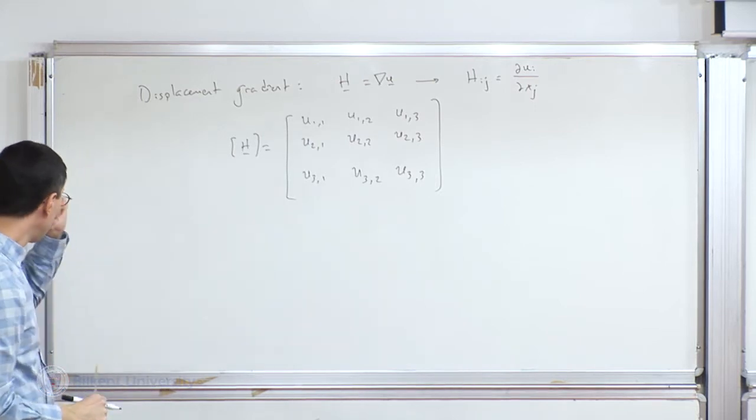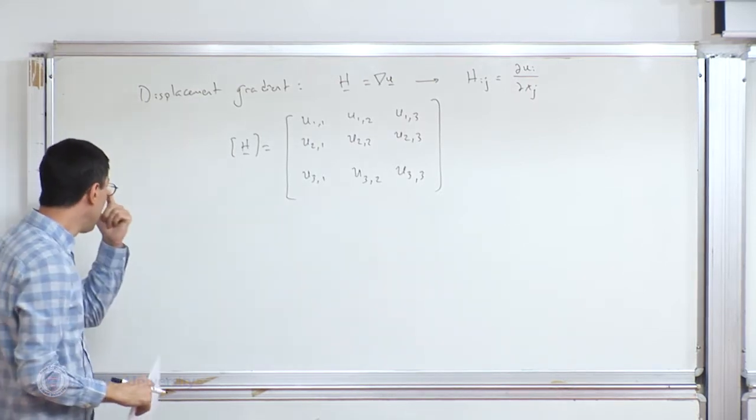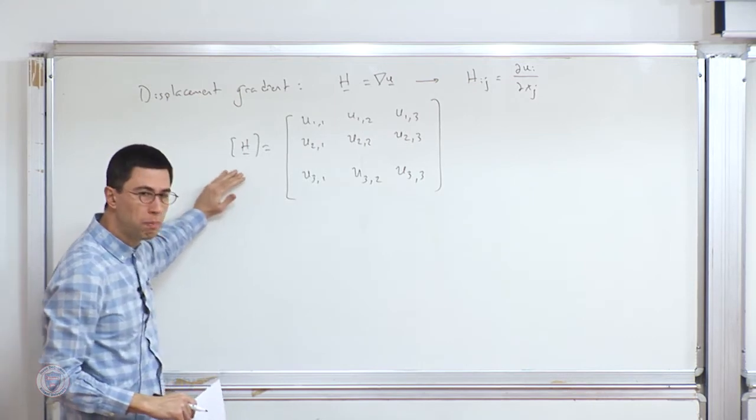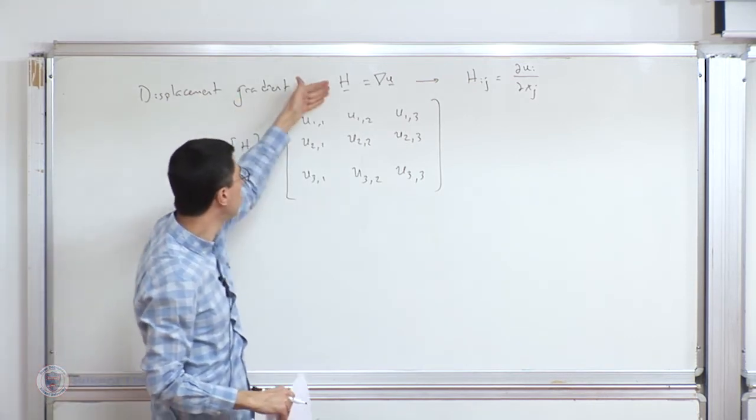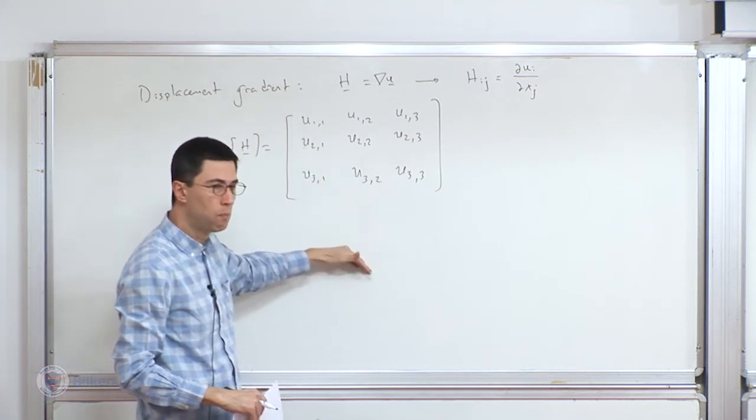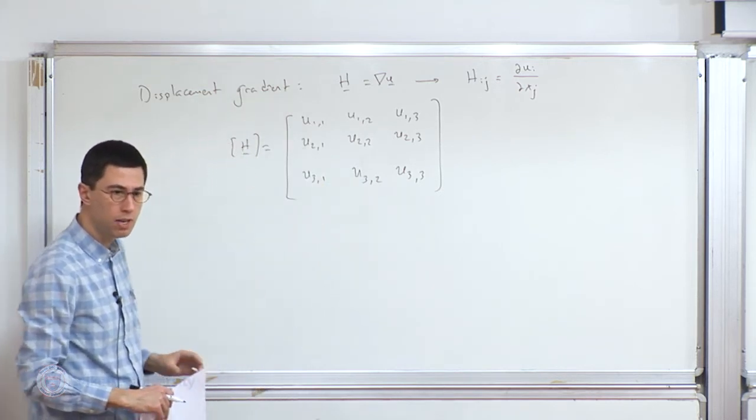Now the displacement gradient eventually is not going to be really used by itself, but we're going to use it to define an even more important object, which will be the strain.